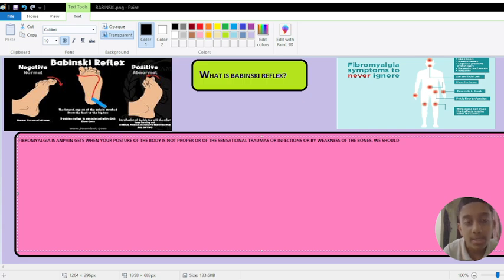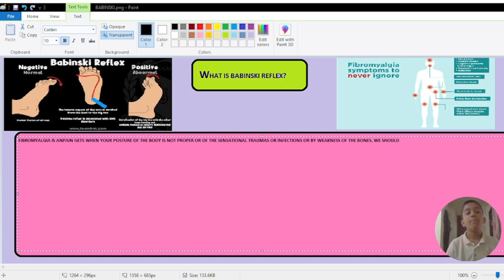How does it happen? Babinski reflex happens with the same symptoms as fibromyalgia: when your posture is poor, or from physical traumas, sensational traumas, arm weakness, bone weakness, or nerve weakness. If there is not enough fiber in your body, then it can happen. Mainly it happens because of fiber.